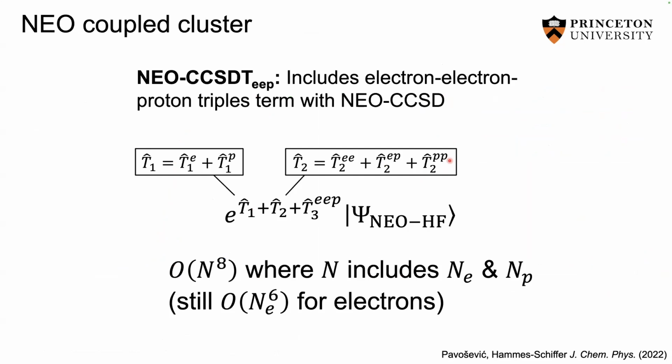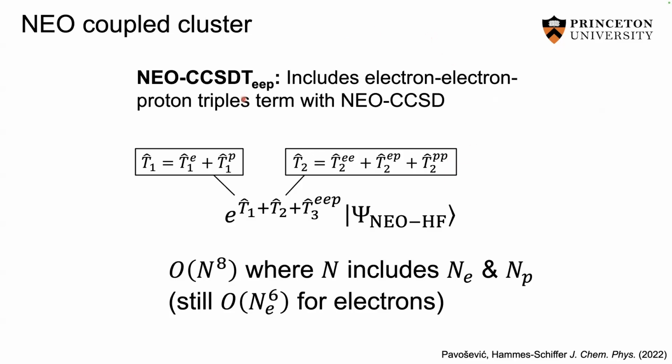But what if we want to do better? What if we want to get really within that chemical accuracy threshold? Well, one of the big selling points of coupled cluster theory is that it's systematically improvable. You just add more terms to the cluster operators, and you can, in principle, capture more correlation energy.